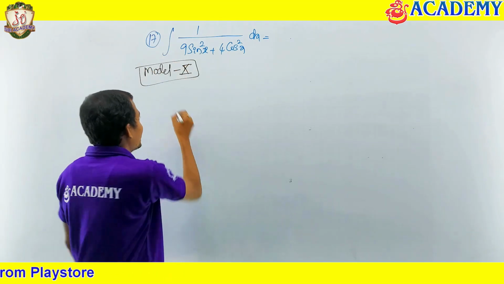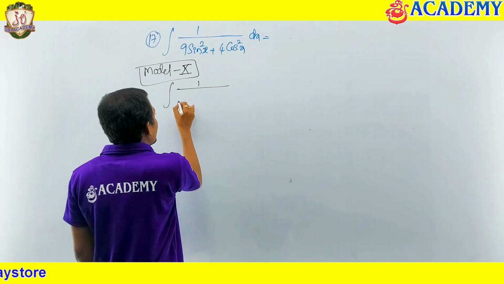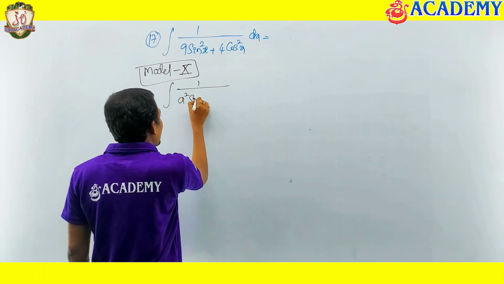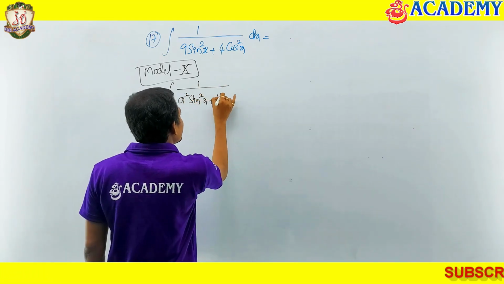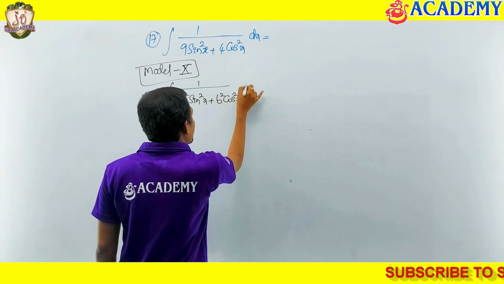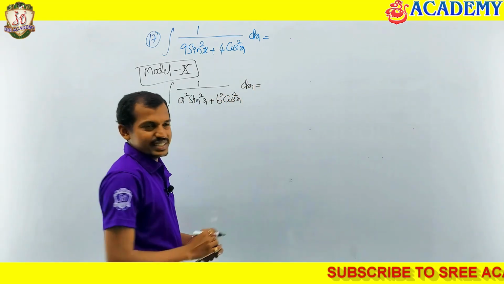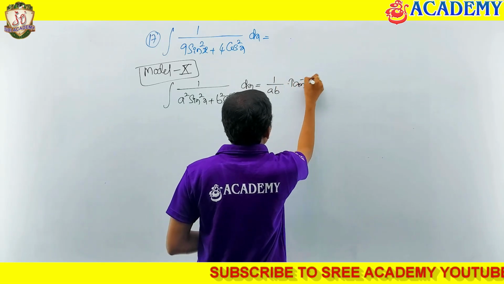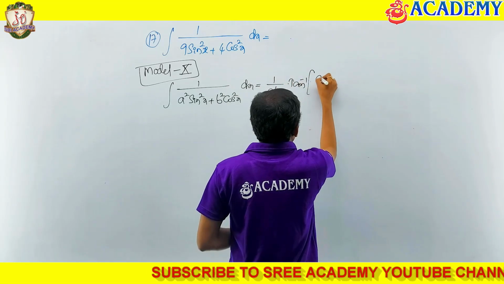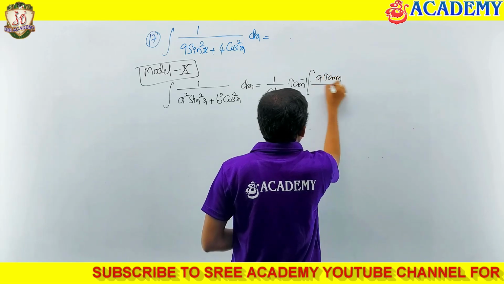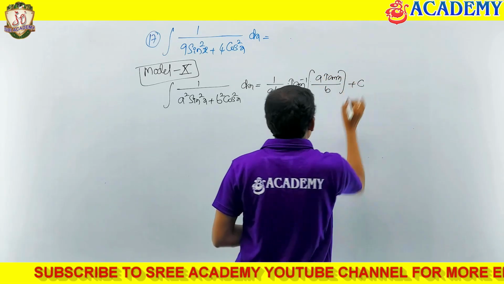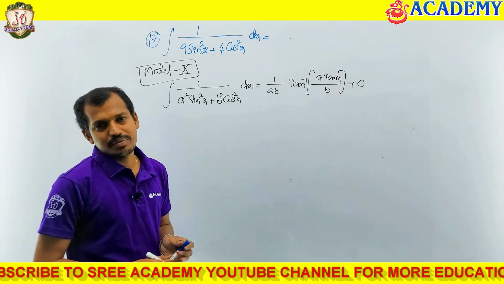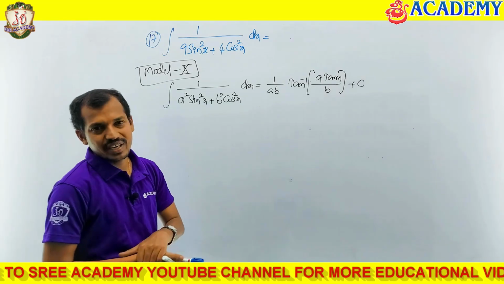If the question is like integral 1 divided by a square sin square x plus b square cos square x, we can write the answer directly as 1 by ab into tan inverse of a tan x by b. This is under the substitution method.